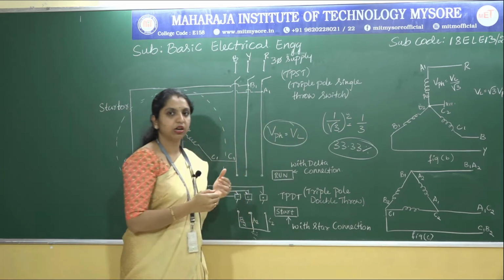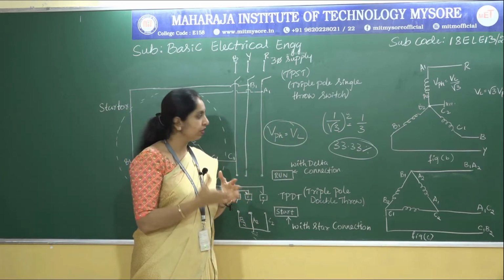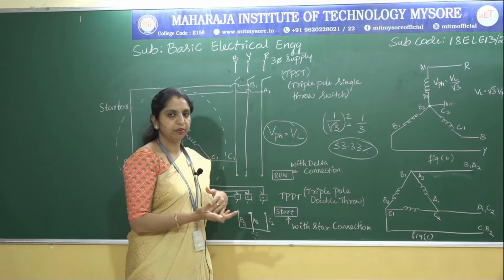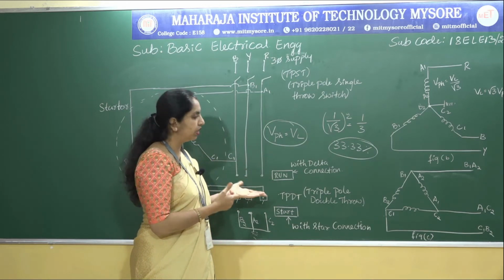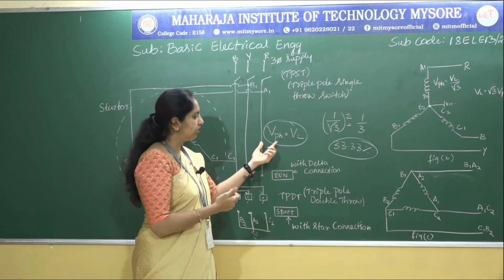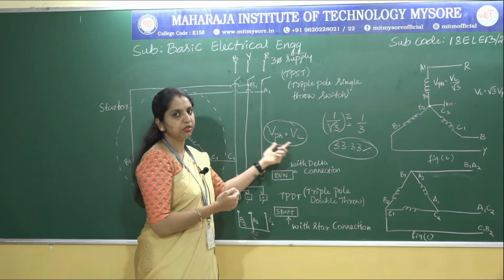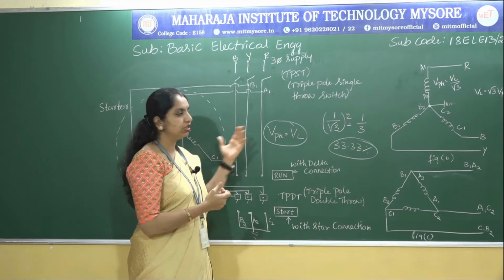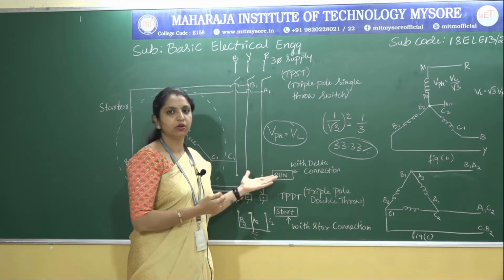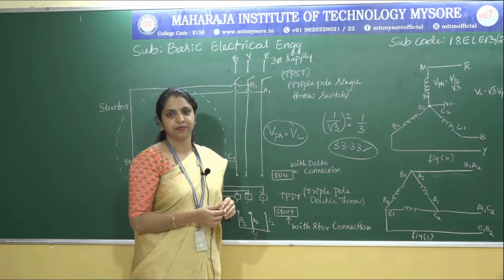So once the motor picks up speed, or when it runs at normal speed, it becomes delta connection, and this phase voltage VPH becomes the line voltage, so it gets the full rated voltage. So this is the working of the star delta starter.